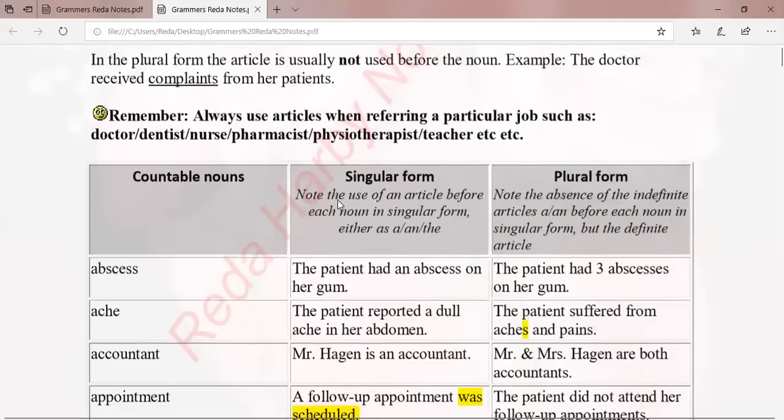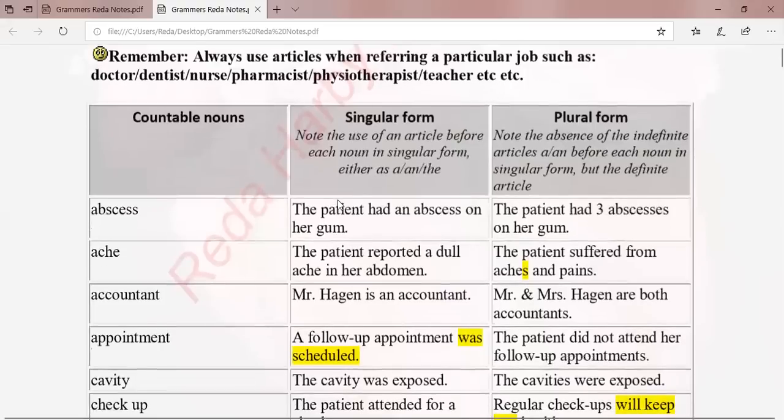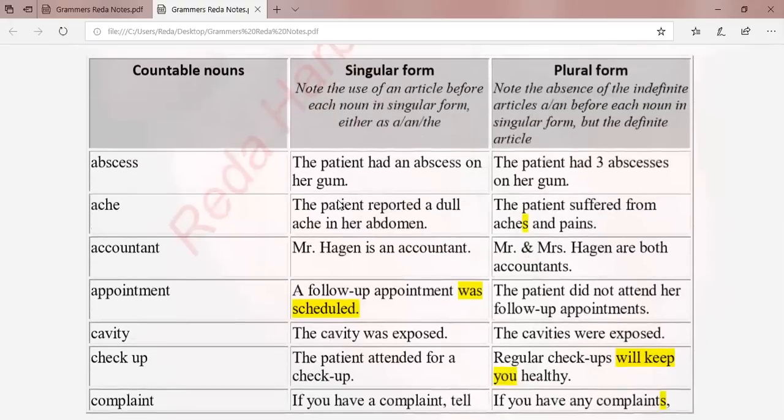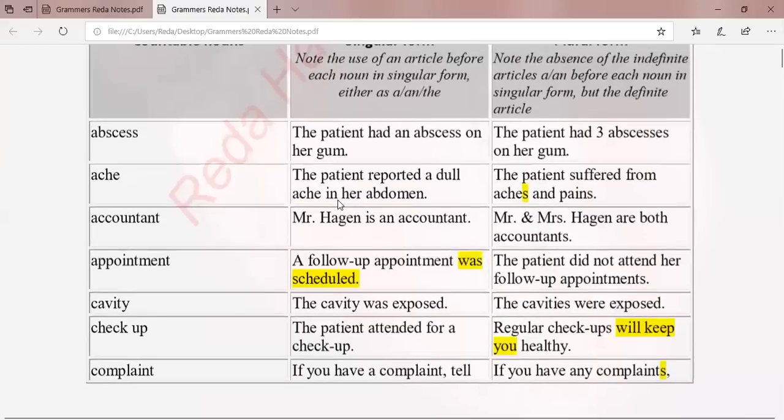What are countable nouns? Abscess, ache, accountant, appointment, cavity, checkup. All of these are countable nouns, with a singular and a plural form.